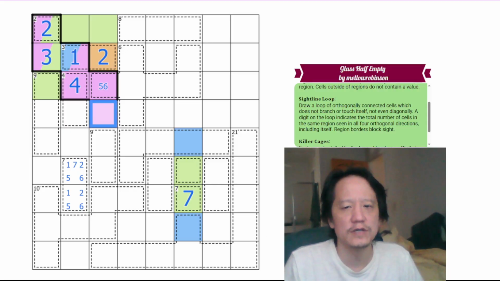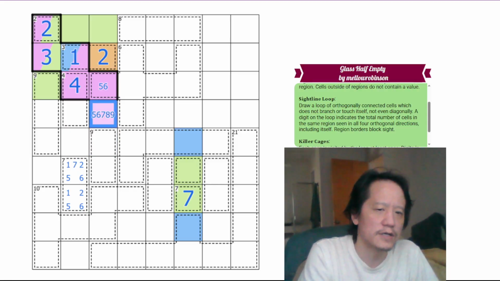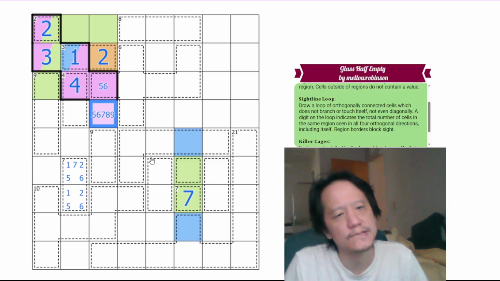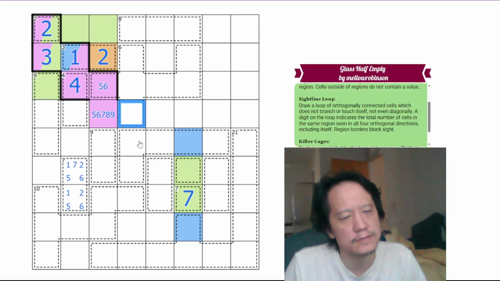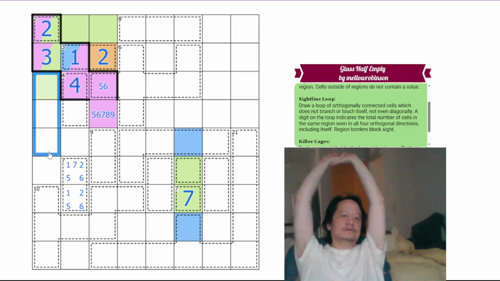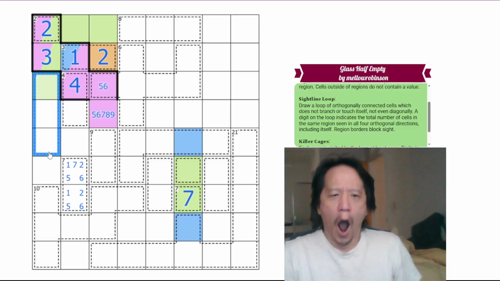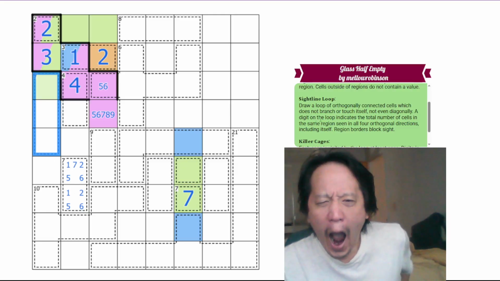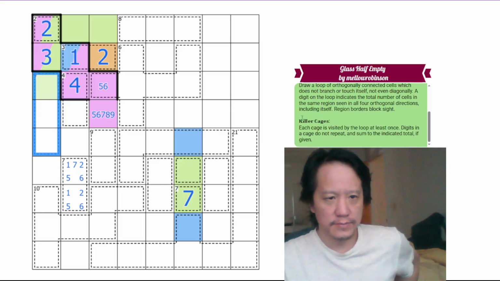This must be either 5, 6, 7, 8, 9. This cannot be 3 cells here that are part of the region. So it's either 1 or 2 cells here.